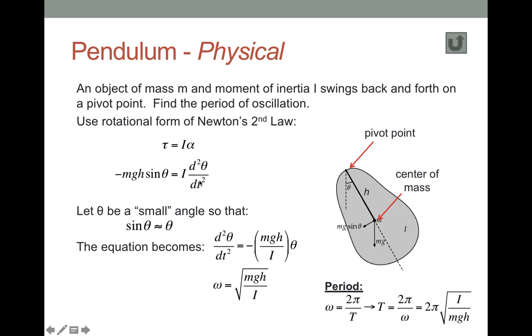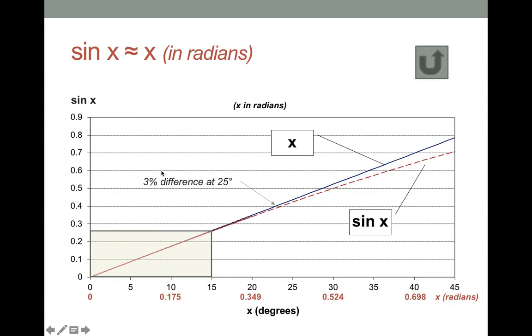Well, here we're going to take a look at what happens if theta is fairly small. Here is a graph of the angle and the sine of the angle. If the angle is small, namely between 0 and 15 degrees, it turns out the sine of the angle is very much equal to x, if x is measured in radians.